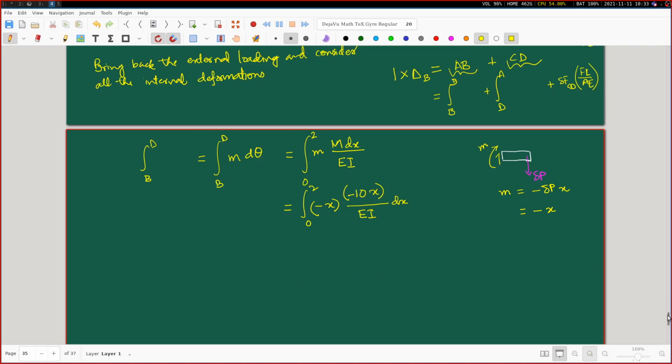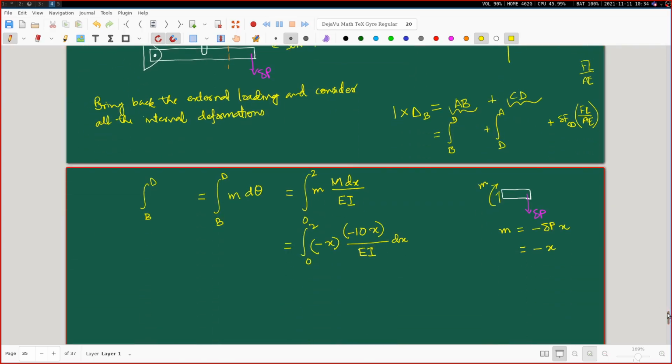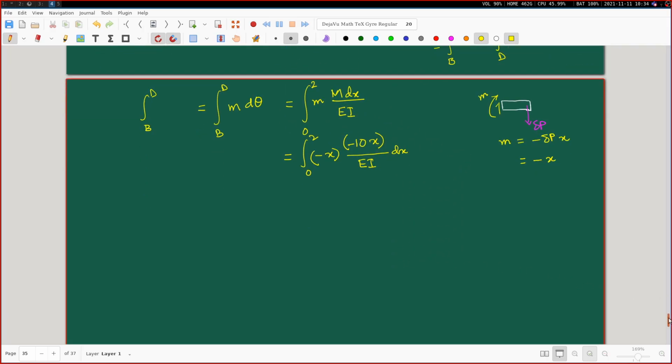Okay, I am not going to do the part for the AD because for that I'll first have to determine what is the force in the CD, but you know how to do that. So do the actual calculation and see. Once you have done all these steps, I would encourage you to also check.